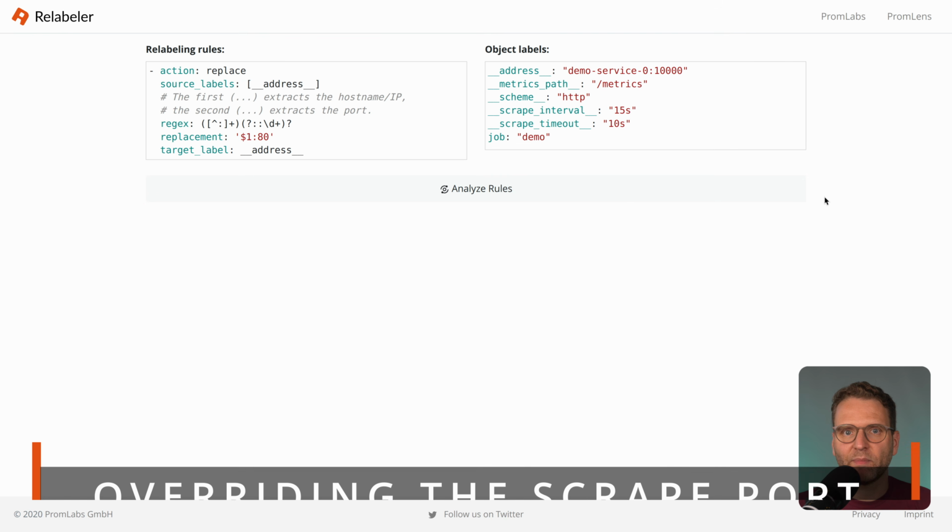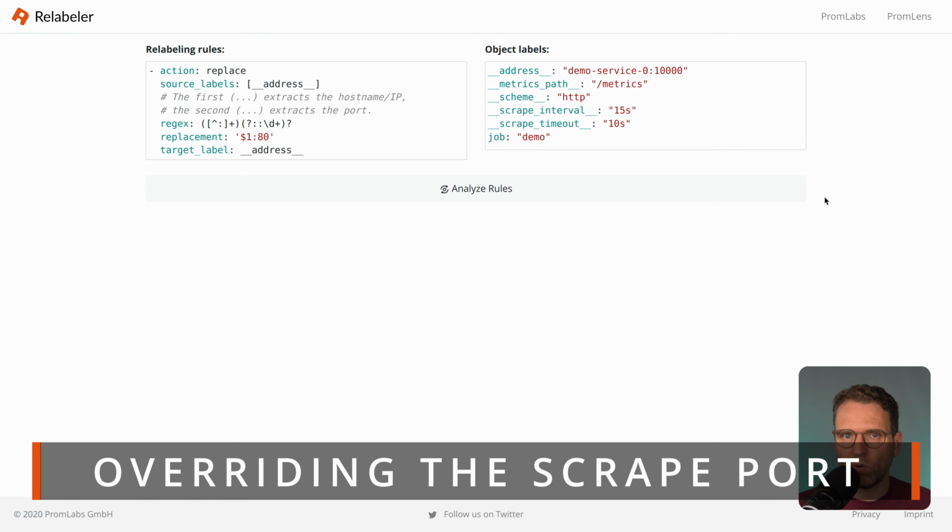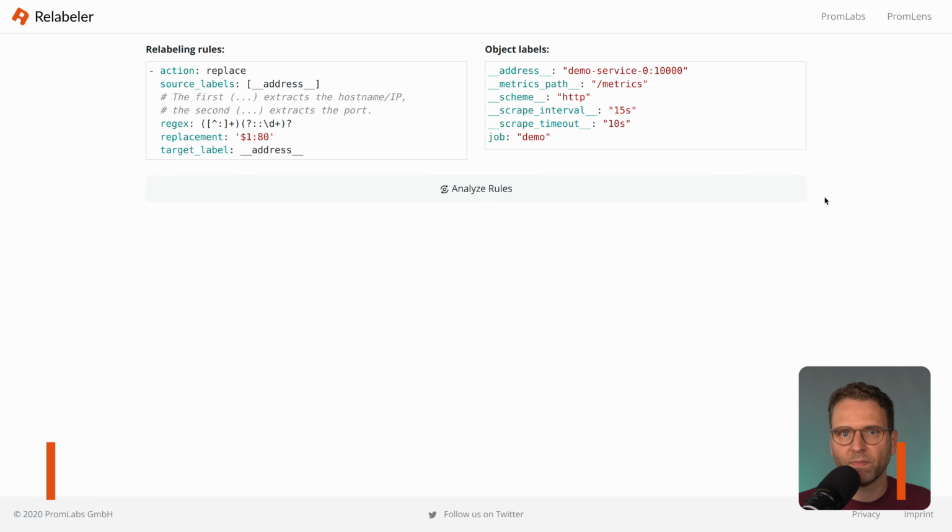As a second example, we might want to override the port that a target is scraped on and always set it to 80. During target relabeling, the double underscored __address__ meta label will contain the host and port of the discovered target separated by a colon. And if we manipulate the special meta label, we can actually change the scrape behavior of the target. So we can use a replace action again and set the source labels list to the __address__ label.